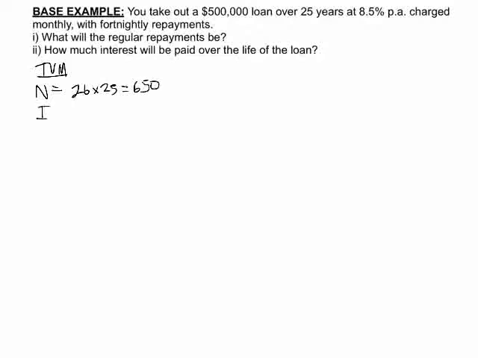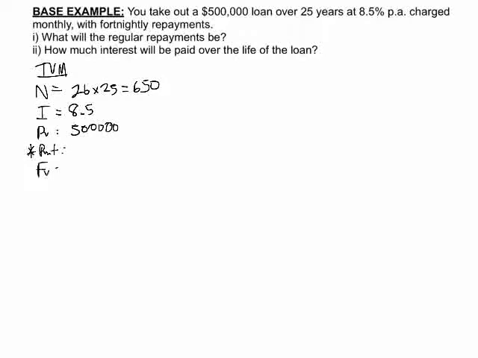The interest rate is 8.5%. Your loan is $500,000 positive because the bank is giving you that money. We're solving for payments, so we'll leave that and put a star next to it.